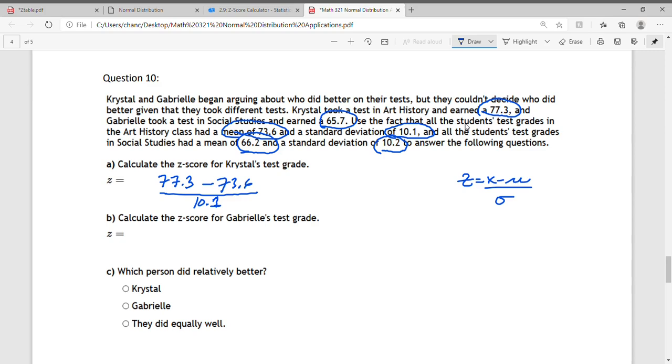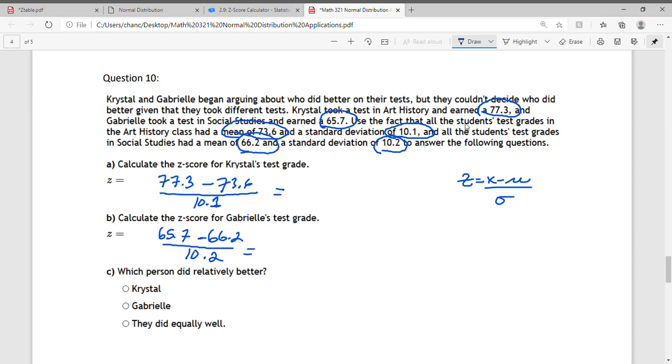And for Gabrielle's test, she had a score of 65.7. And the mean for the class was 66.2. And we're going to divide that by the standard deviation of 10.2.